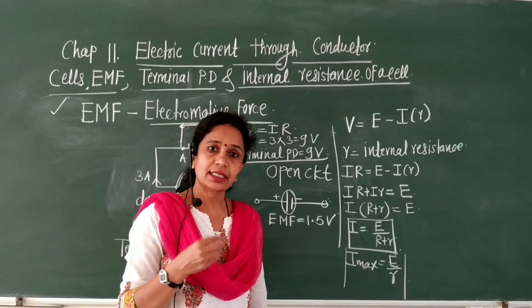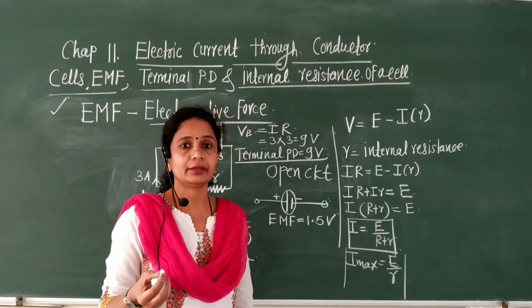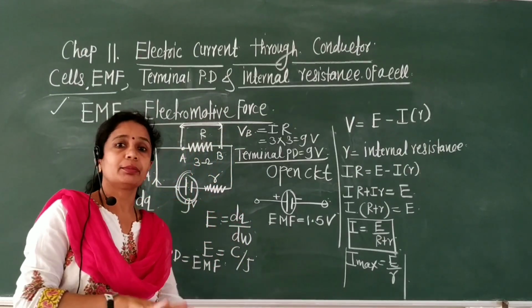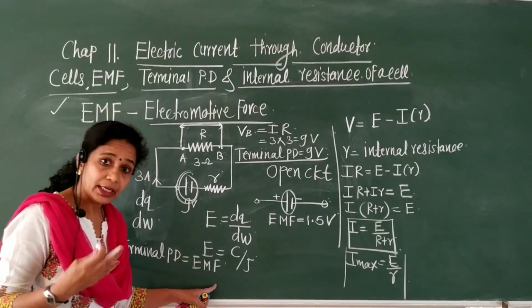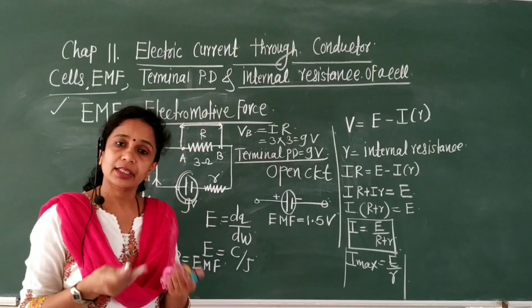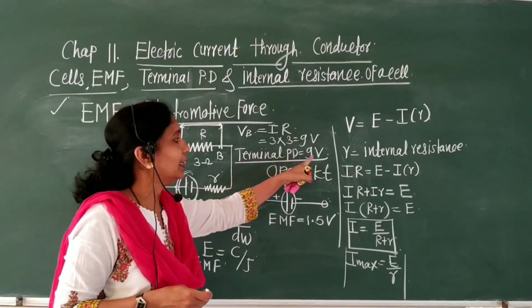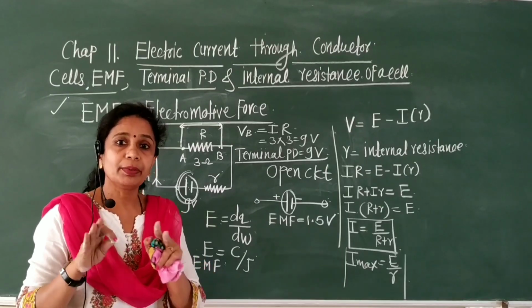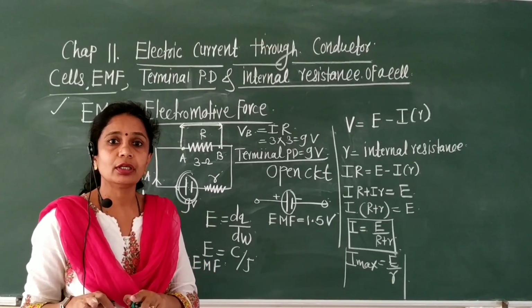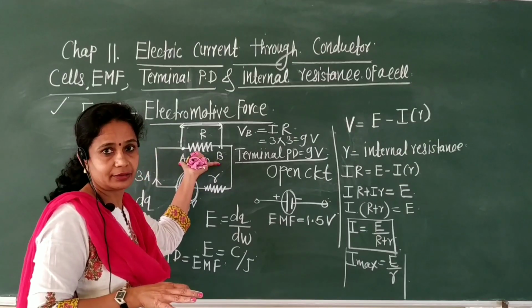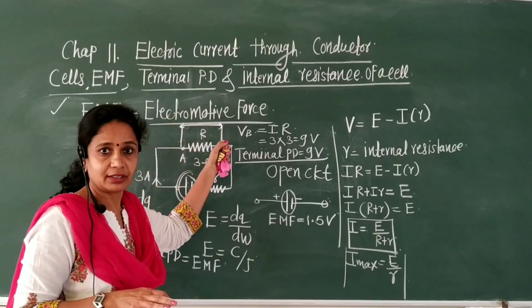If the cell is not connected in a circuit, the terminal PD is equal to the EMF of the cell. And if the cell is connected in a circuit, its terminal PD is equal to the total PD across the two terminals of the external circuit.